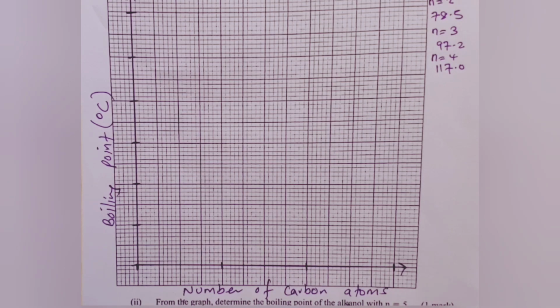To score the mark on scale along the x-axis, we are actually demanded that we use either 7 or more squares. Our plotted points must cover 7 or more squares on the x-axis. For that matter, the most suitable scale that we shall use is 4 squares to represent one carbon atom along the x-axis.